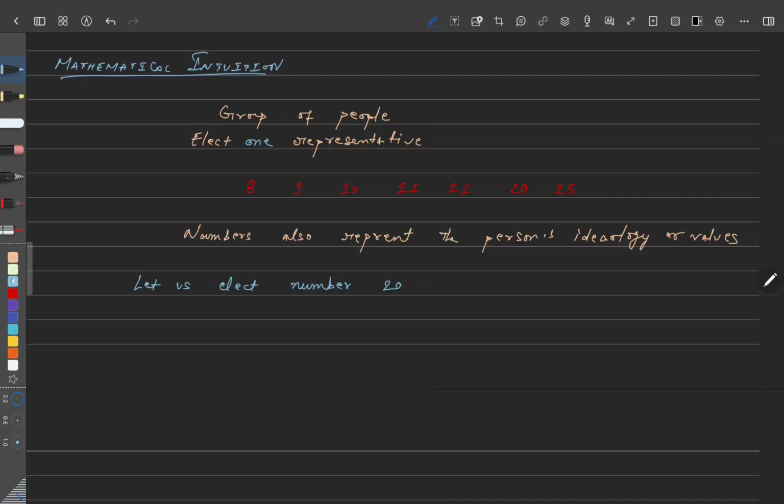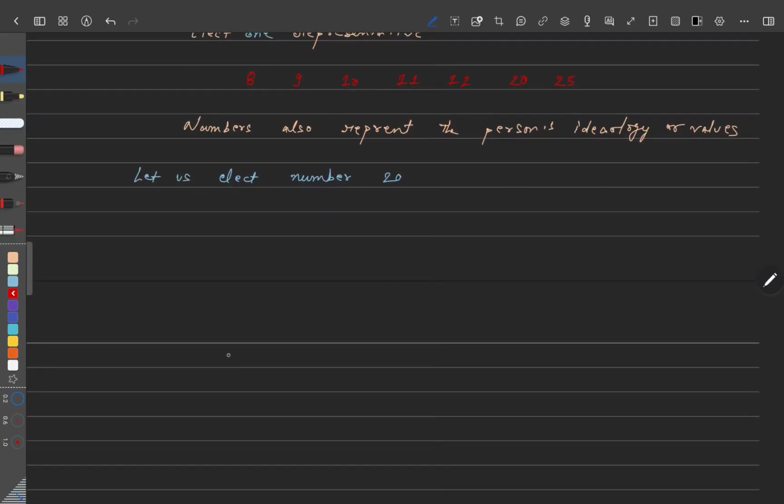Let's try and make a simple diagram. Let me do it separately. Here we have 8, 9, 10, 11, 12, 20, 25.